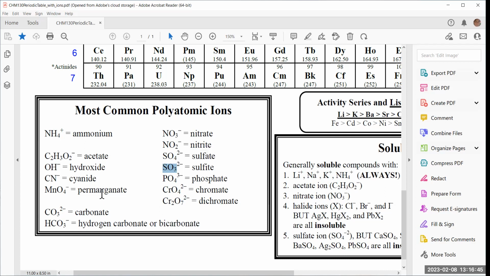These are packets, units that we're going to learn a lot more about. We keep them together as a unit, and if we need to add more of them, we use a parentheses to identify that we have 2 of them, 3 of them, 4 of them, whatever number we need. Notice that these ions have a charge.